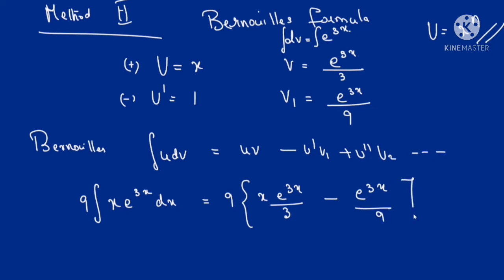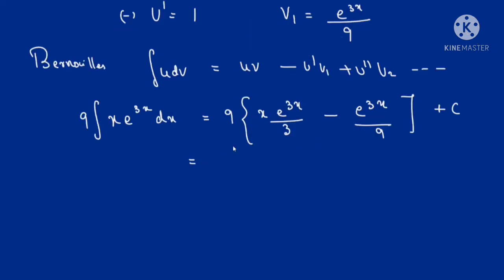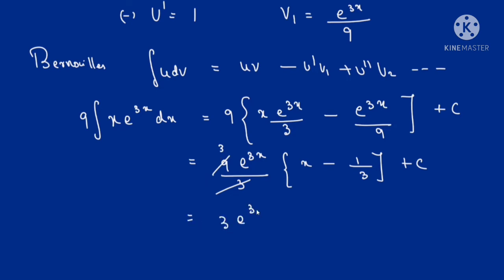That's all. You can just close this. You can take out 9 e power 3x, or by 3 also you take it out. So you get here x minus 1 by 3. So this gets cancelled. So you get 3 e power 3x into (3x minus 1) by 3. So that's the answer. The same answer we got. See?